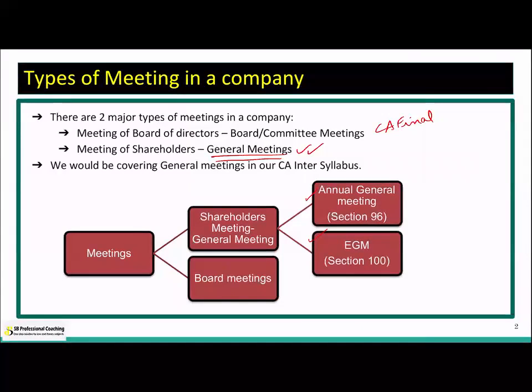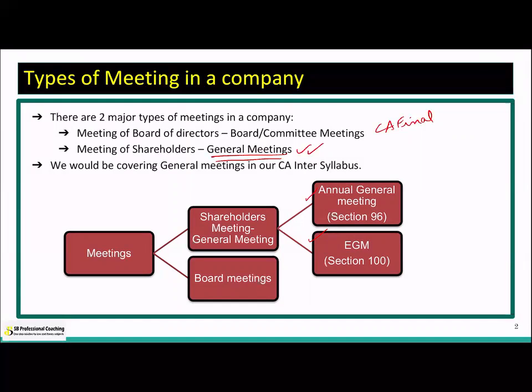Then there may be an urgent matter which the shareholders or the company cannot wait to take up till the next annual general meeting. Hence, they will have to call for an urgent meeting. That meeting is known as extraordinary general meeting, which over here is depicted as EGM.